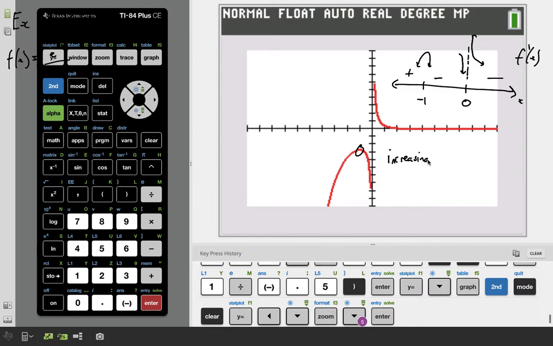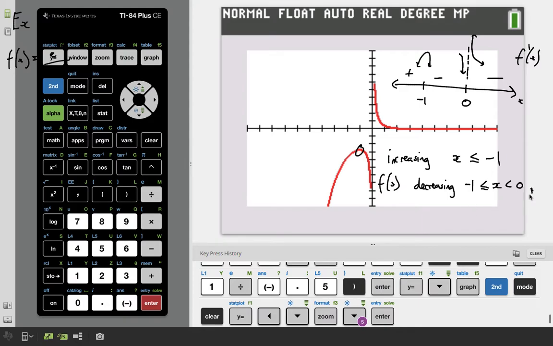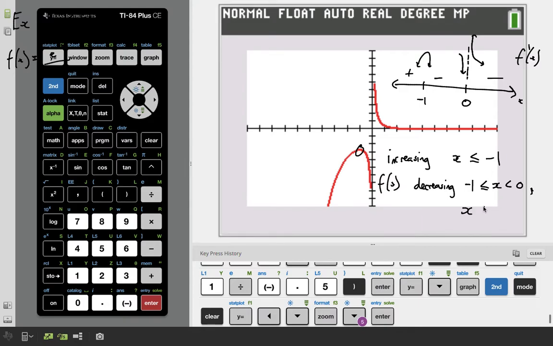The question, I think, has you say f of x is increasing when x is smaller than or equal to -1. We are decreasing, so f of x is decreasing when x lies between 0 and -1, and when x is greater than 0.